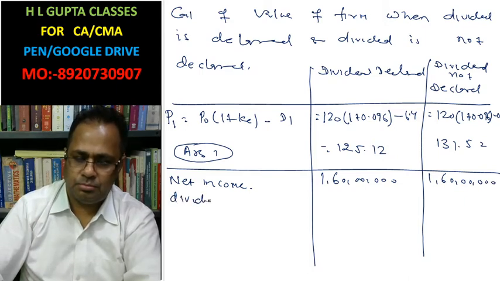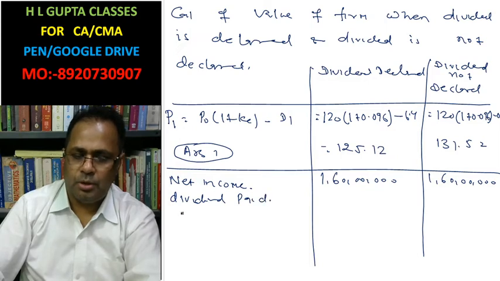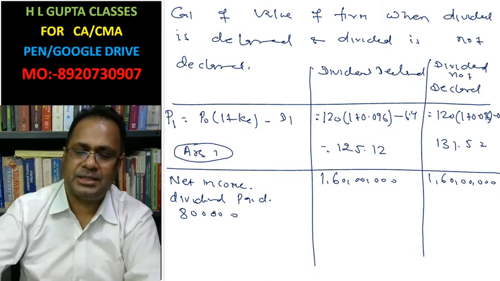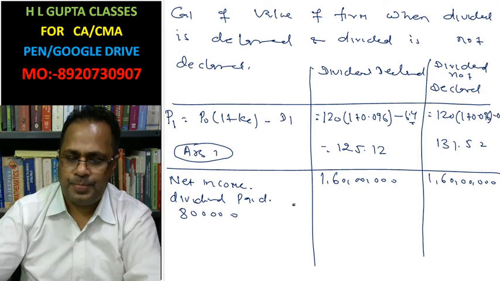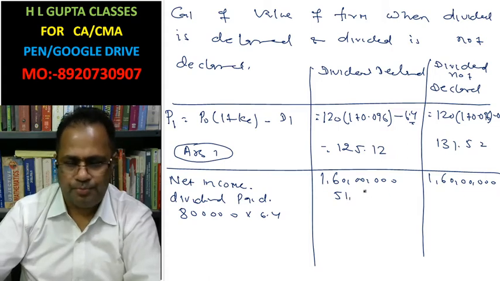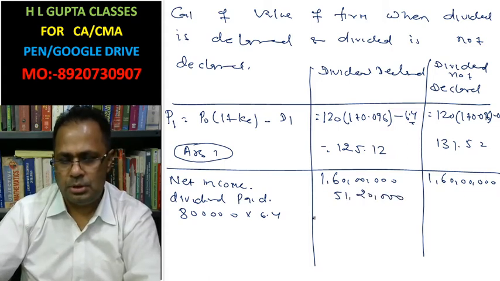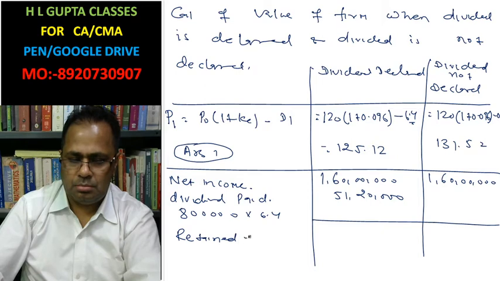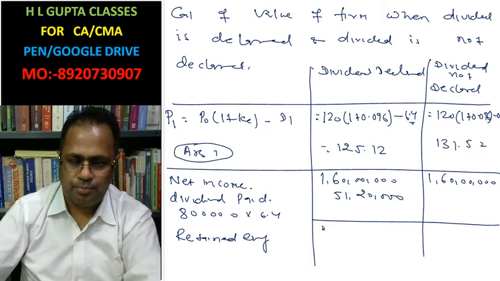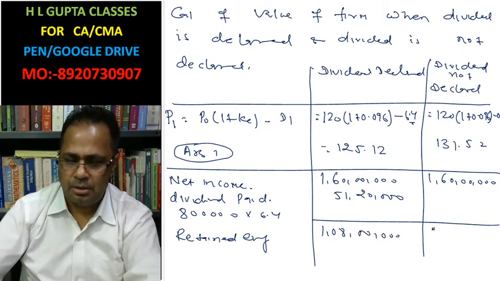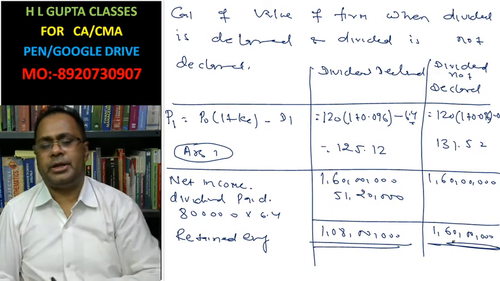Dividend paid: we have 8 lakh shares and the shareholders are paid a dividend at the rate of 6.4, so the dividend is 51 lakh 20,000. Retained earning is 1 crore 8 lakh.